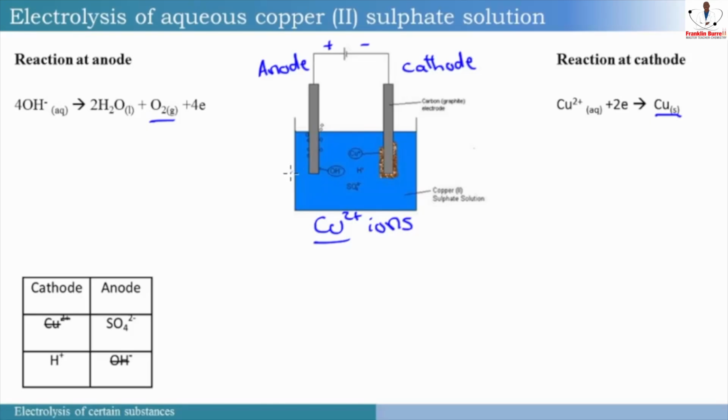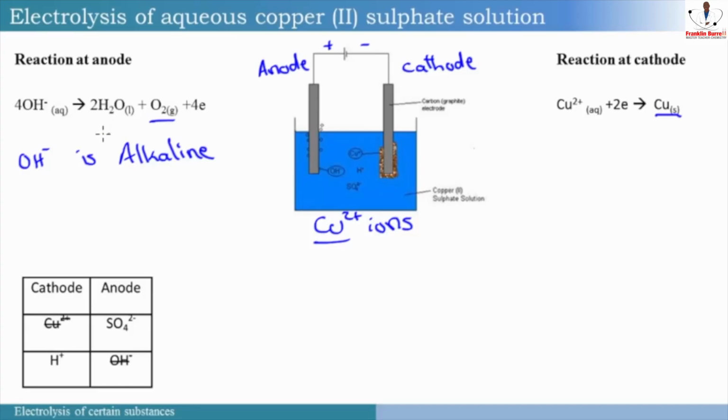Now, a point of note, OH- ion is alkaline. So if we use litmus paper and place it at the anode, we should observe some form of color change taking place.